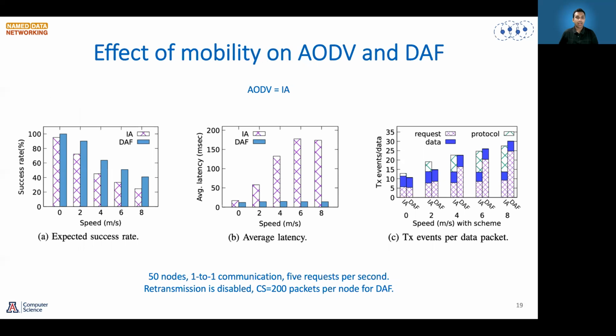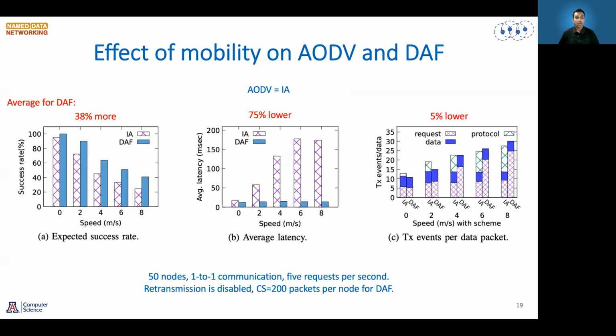Now, let's analyze how these overheads affect AODV's performance, or IP in short, under mobility, comparing against DAF. We see that latency and protocol overhead of AODV increase with speed, and together they yield a lower success rate compared to DAF.